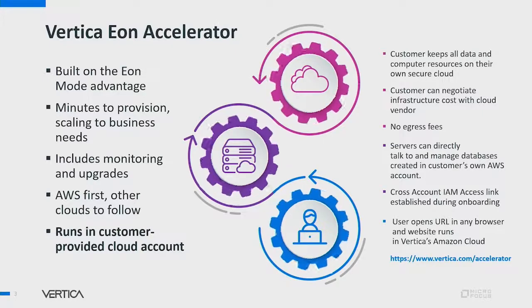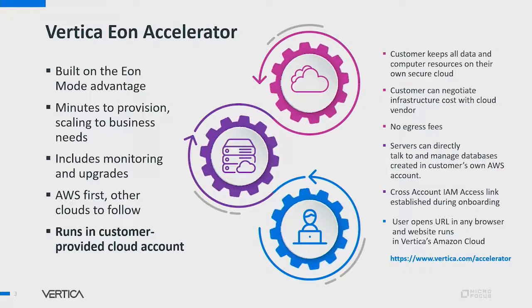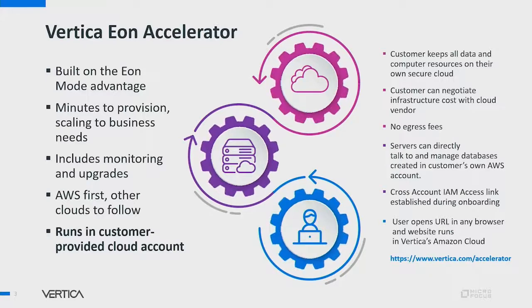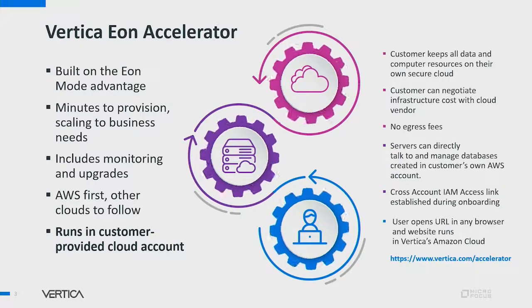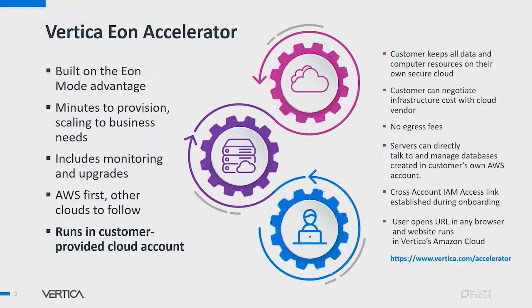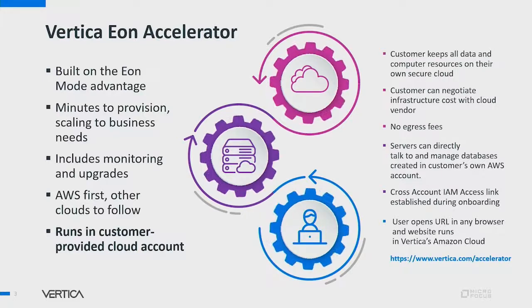As you can see in the bottom left of your screen, our USP is that Eon Accelerator runs in a customer-provided cloud account. You can also think of it as a bring your own cloud account. What that means is, as a customer, you will link your own cloud to Vertica Management Plane's cloud, and the two clouds can talk to each other. And let me get into those details in a second.